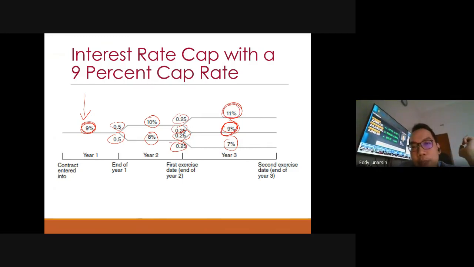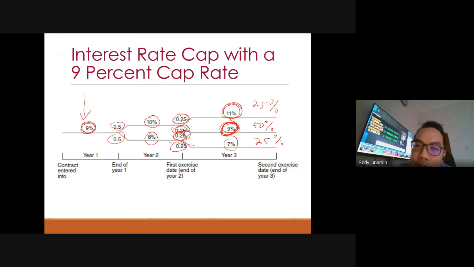Interest rate is 11% with a chance of 25%. It might be 9% with a chance of 50%, 0.25 plus 0.25. And the last one is 7% with a probability of 25%. You can follow: 25 here, 25 at the bottom, and 50% in the middle.